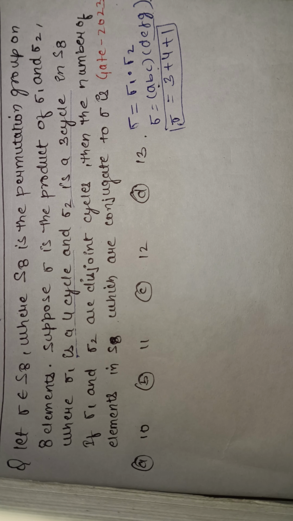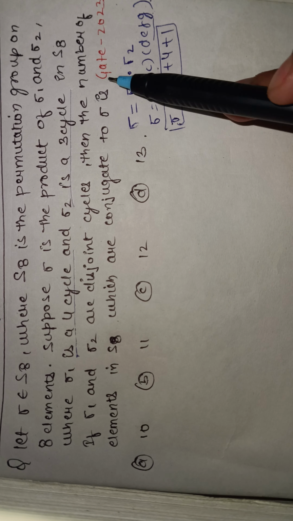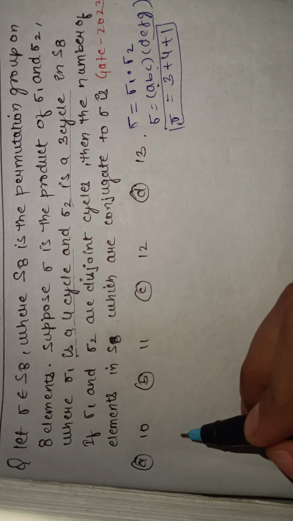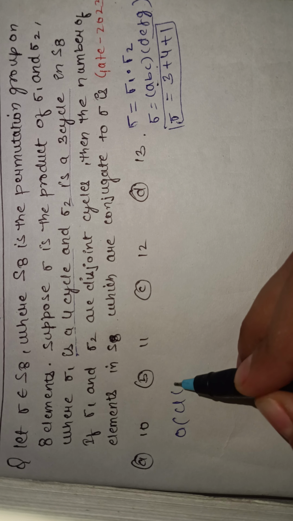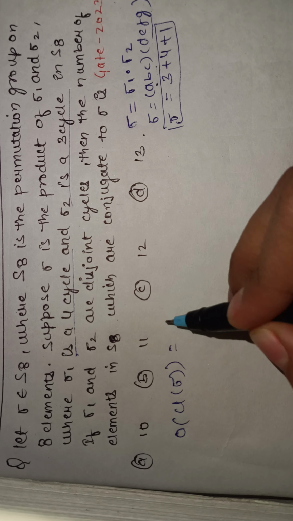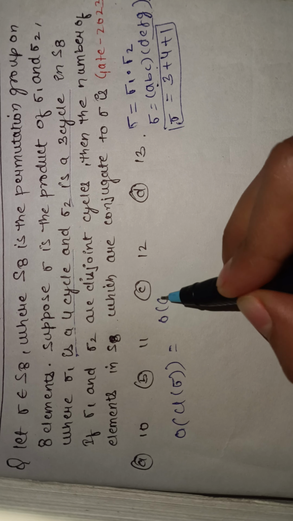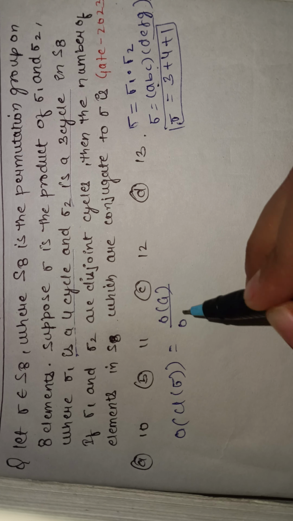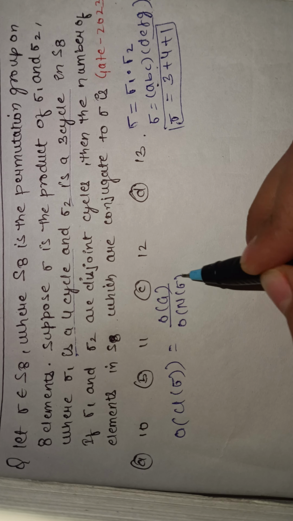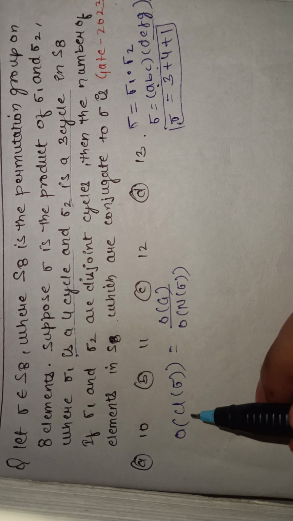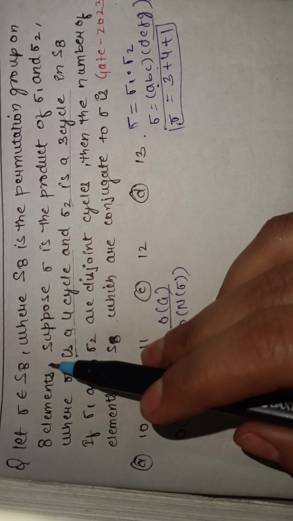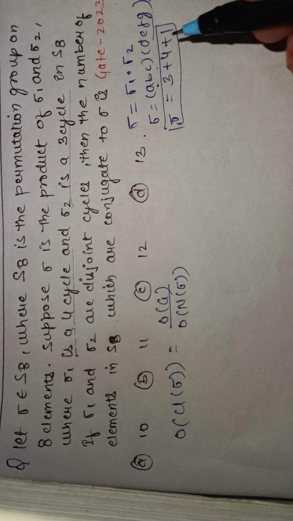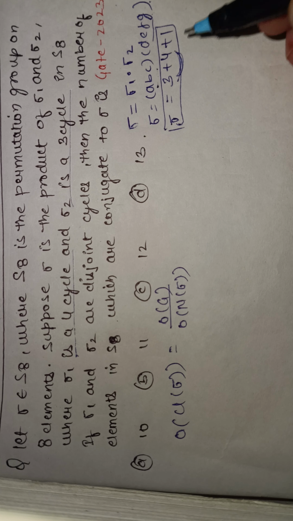So we know that to find the conjugates of sigma, there is a formula: the order of the class of sigma is equal to the order of G upon the order of the normalizer of sigma. So the order of the class of sigma in S8 is what? Sigma is of order 12 type.